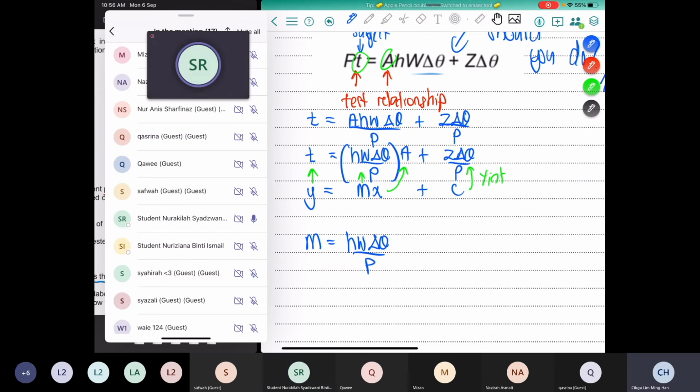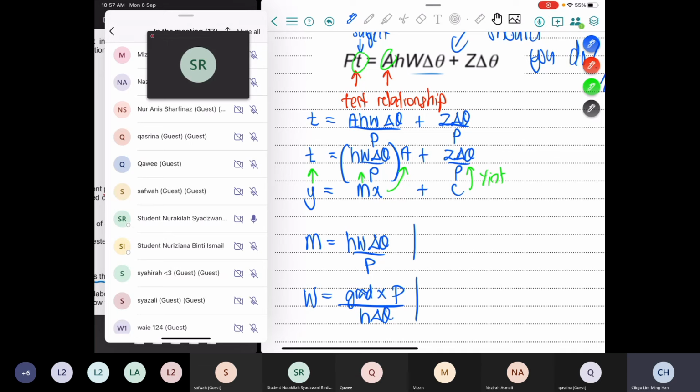M equal to H W delta theta over P. Yes, sir. So you have to make it W. So W will be gradient times P over H delta theta. Okay. What about your y-intercept?